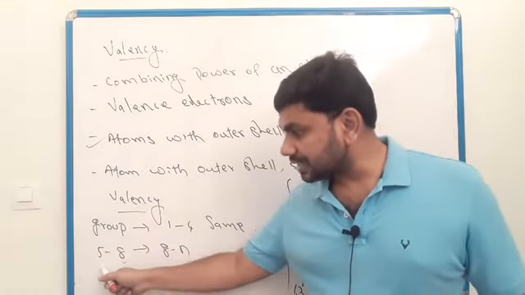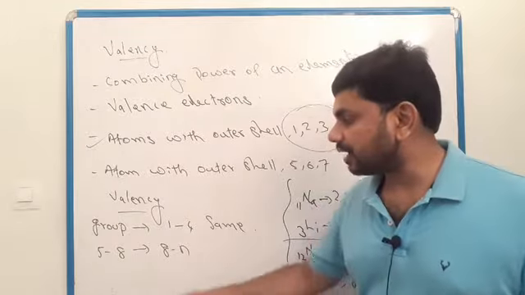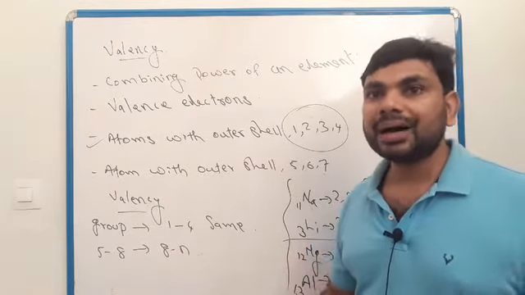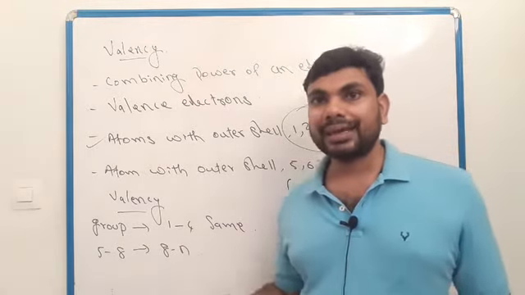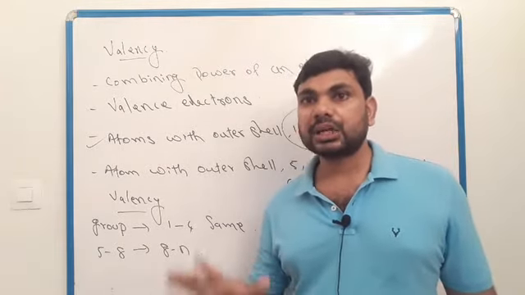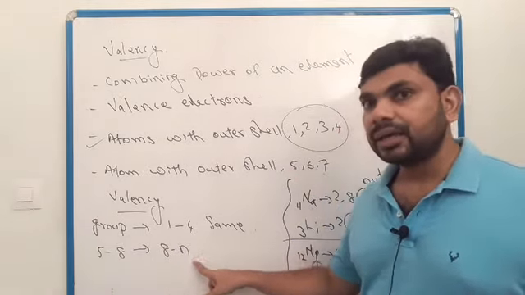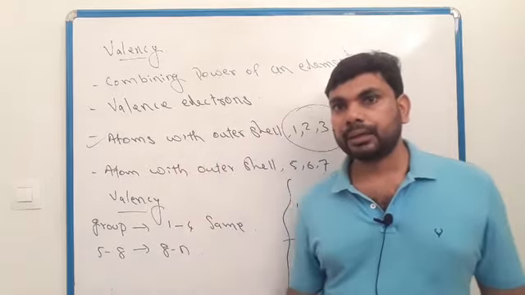Atoms with valence electrons 5 to 8, we can find their valency using this formula, 8 minus n. Here n means number of valence electrons. Example, nitrogen, valence electron 5. So you can find valency: 8 minus 5. So valency 3.